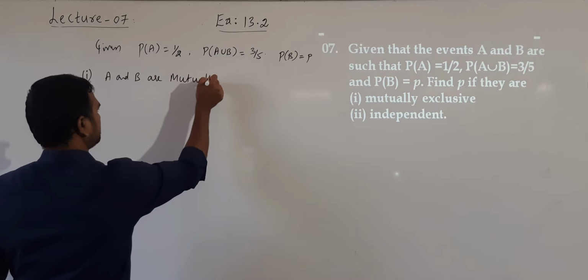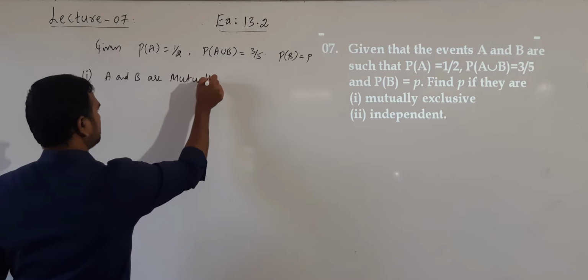Second case, A and B are independent events. Suppose A and B are independent events, then what is the value of p?